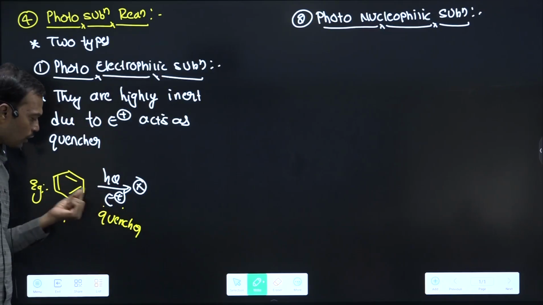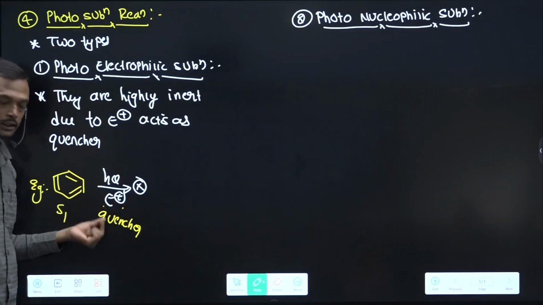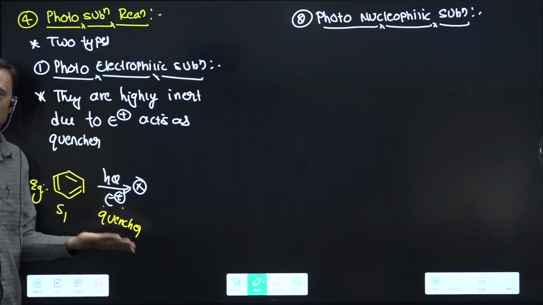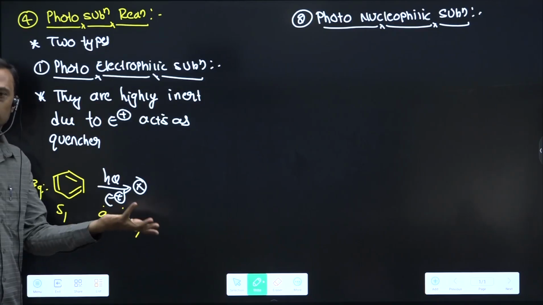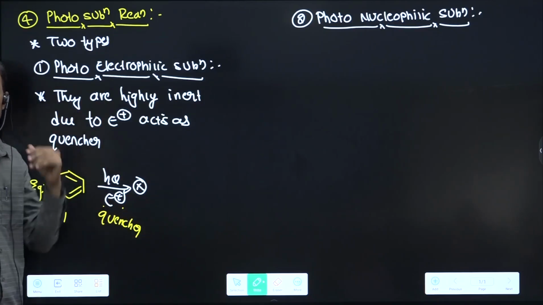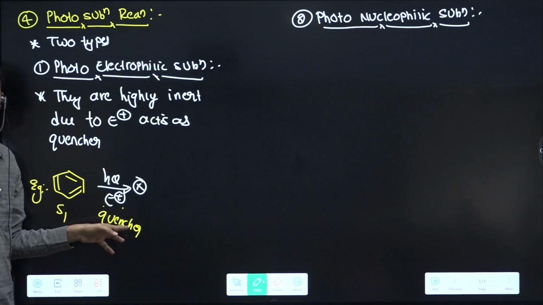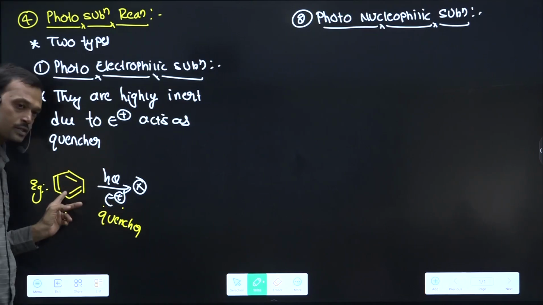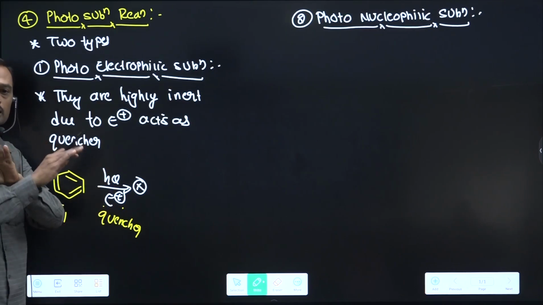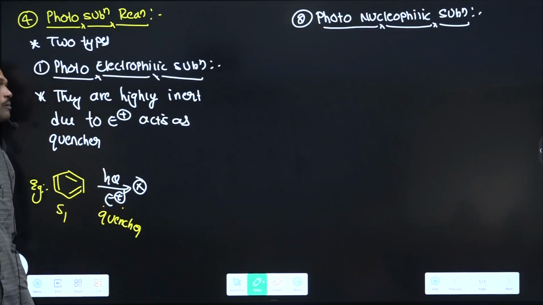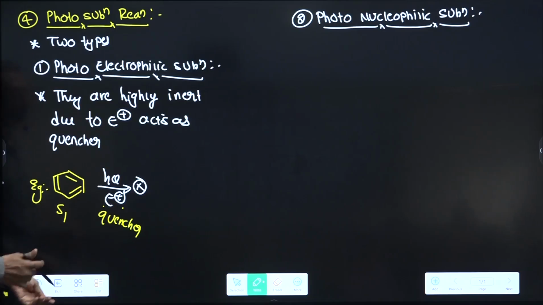Once it forms an exciplex, at that time this becomes a ground state. The ground state reactions are not photochemical reactions. That is the drawback. That's why adding an electrophile on benzene photochemically does not exist. They are highly inert due to the electrophile acting as a quencher.